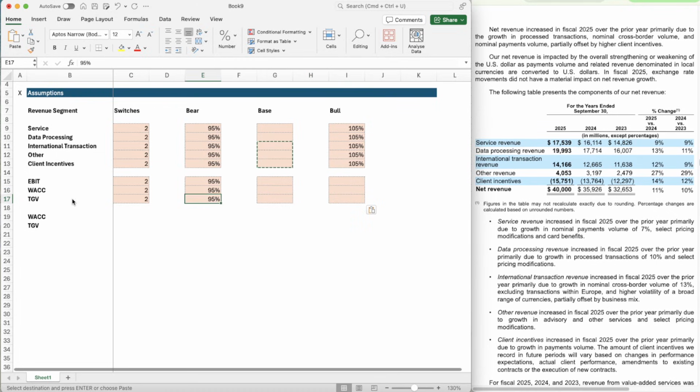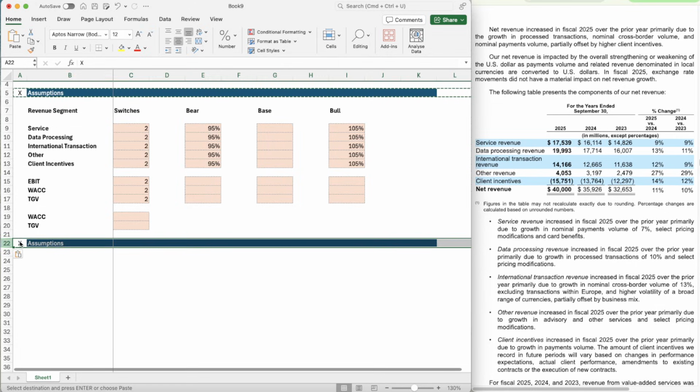Leave it. Yeah, this doesn't need 95% yet. We're going to do that a bit different. There we go. Okay, we've built out our assumptions.